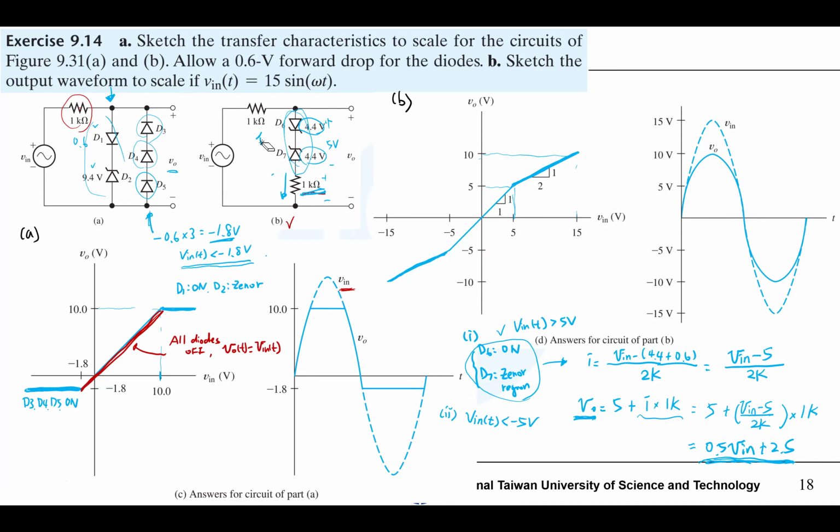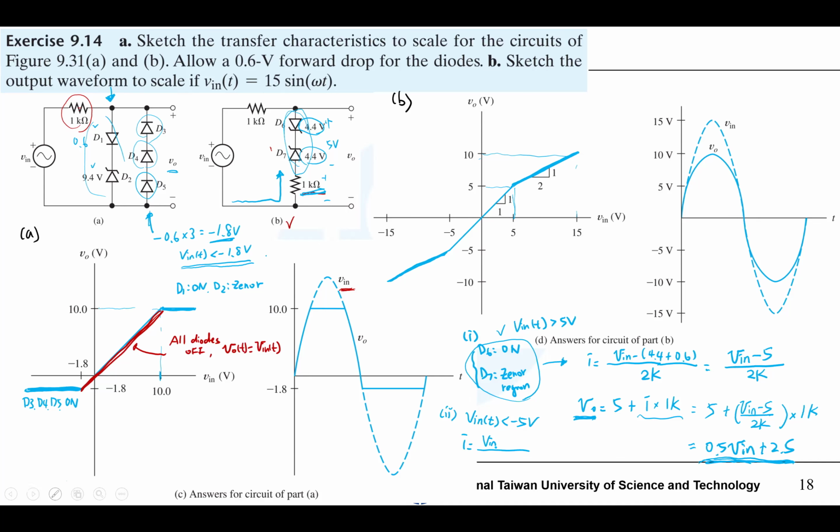So at this moment, all the current flows reversely, and we have I equals V in(t).